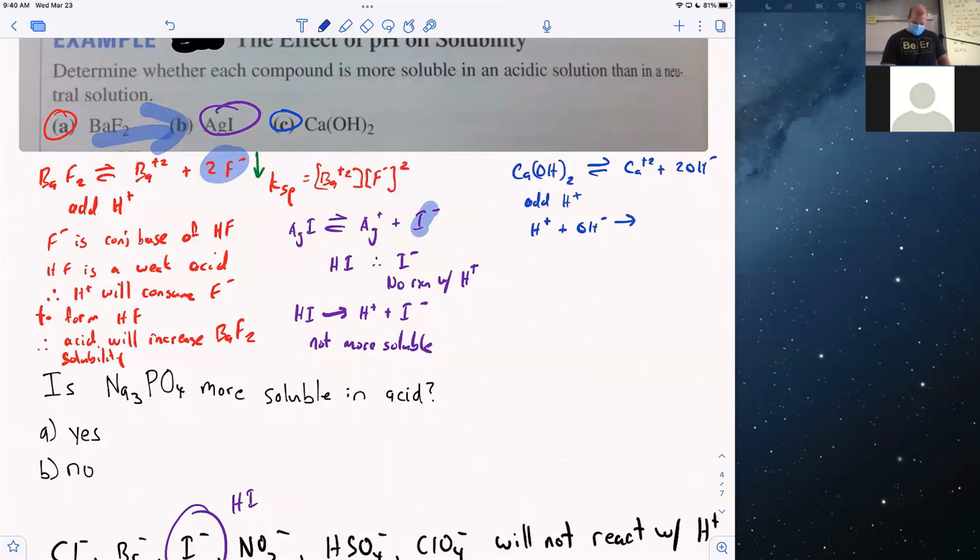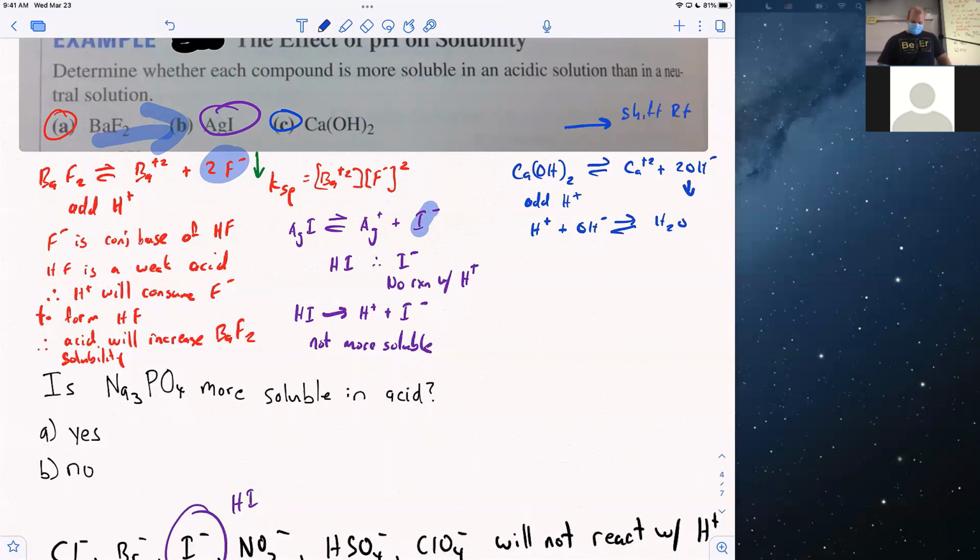I guess it's an equilibrium, but it's very far toward forming water. So the hydroxide is consumed by the acid, which means the hydroxide ion concentration goes down and we shift right.